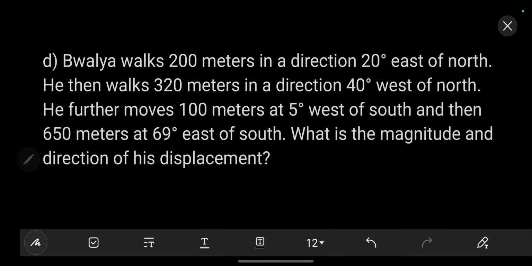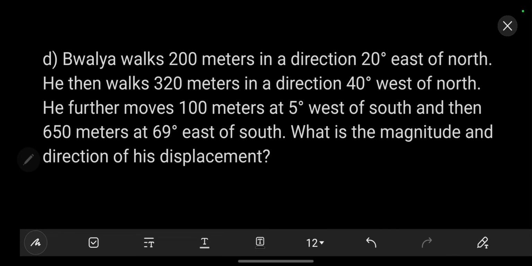Bwalya walks 200 meters in the direction 20 degrees east of north. He then walks 320 meters in the direction 41 west of north. He further moves 100 meters at 5 degrees west of south, and then 650 meters at 69 degrees east of south.